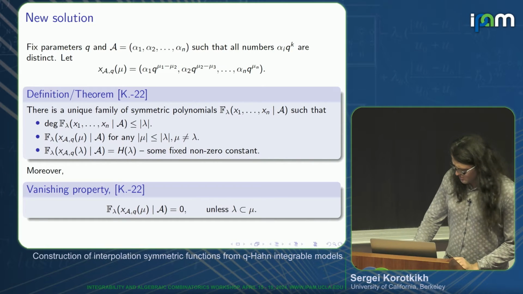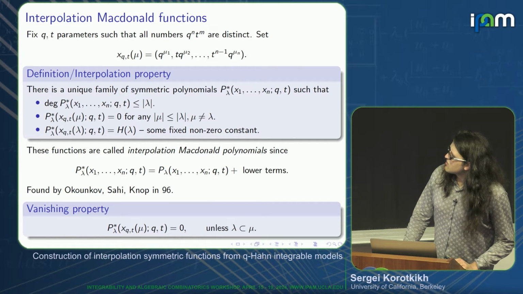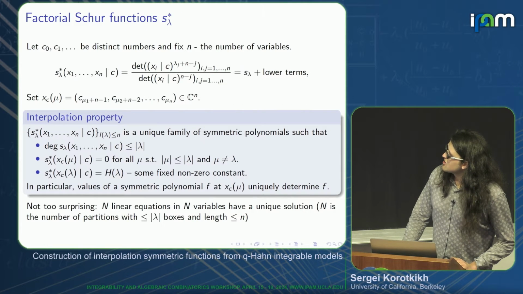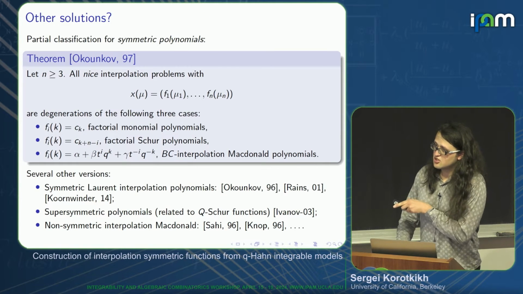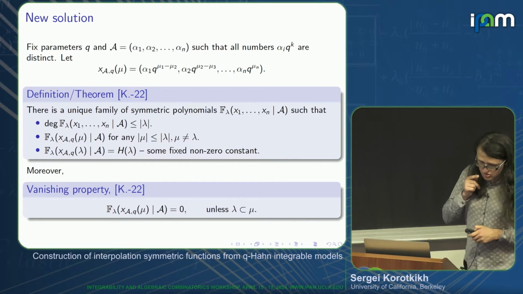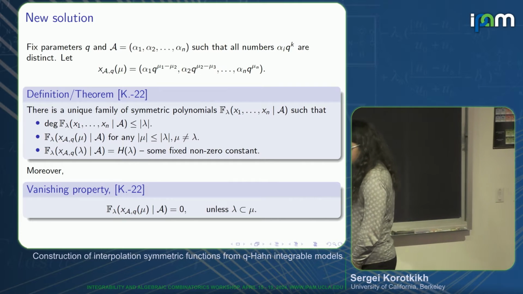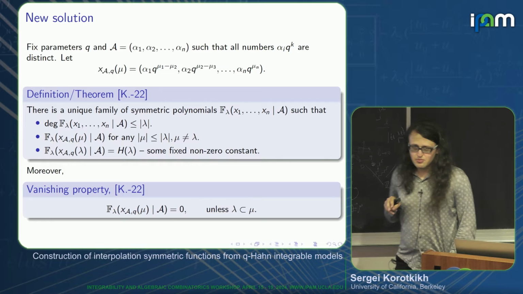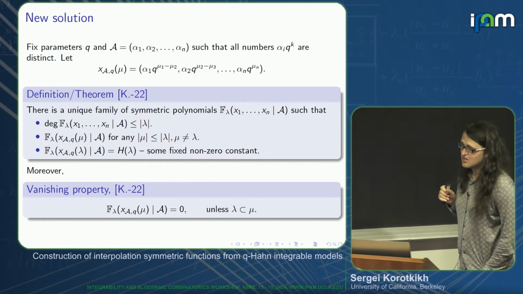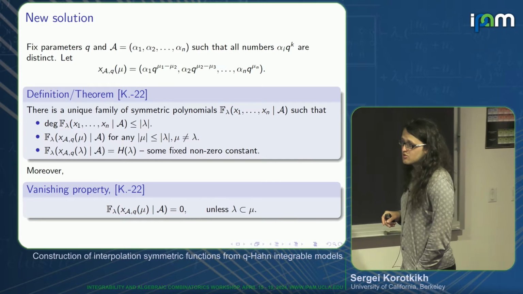In all previous results, namely for interpolation Macdonald functions or factorial Schur functions, all coordinates solely depended on the corresponding parts of the partition. For this new solution, single coordinates depend instead on differences of parts of the partition. This is the reason why this example is not covered by that classification of Okounkov on the previous slide.